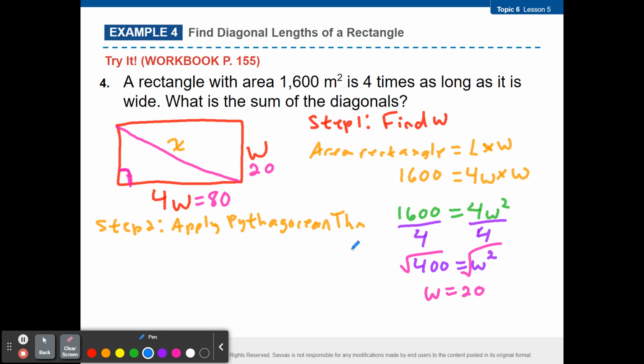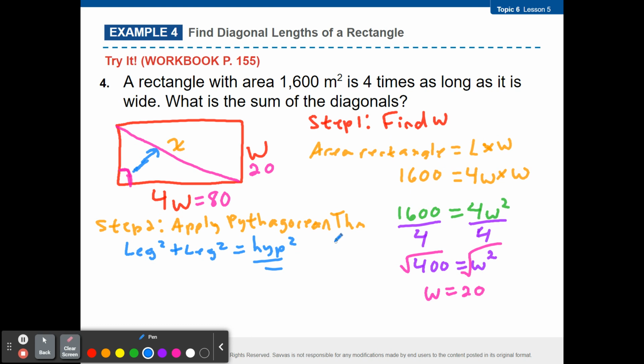Okay, so the Pythagorean theorem, remember, is a squared plus b squared equals c squared. Or I like to say it's leg squared plus leg squared equals hypotenuse squared. And the hypotenuse is always directly across from the 90-degree angle, so then the other two have to be the legs.